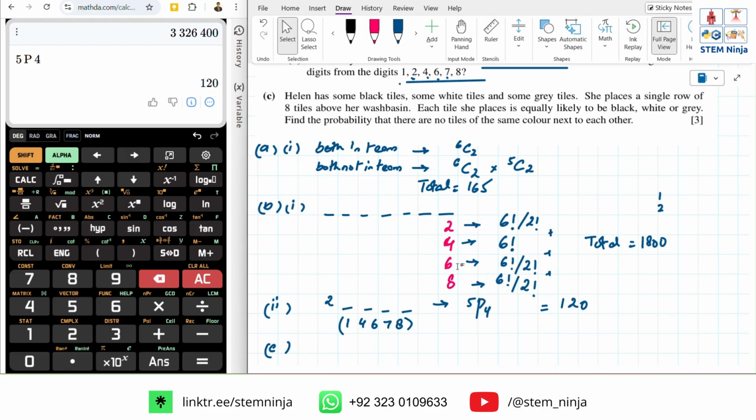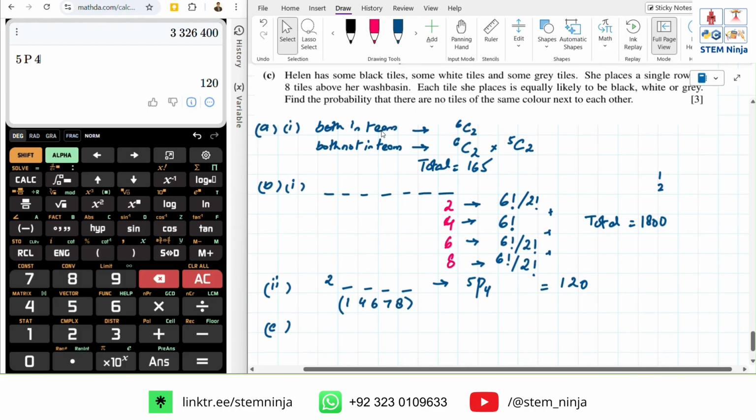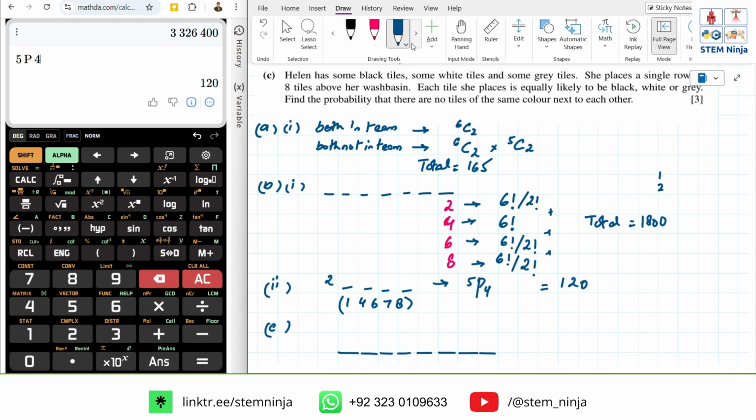So we can do it by seeing the different possibilities. You have 8 tiles, 1, 2, 3, 4, 5, 6, 7, 8. For the first tile, there are 3 choices, and since we don't want the same colors together, there will be two choices for the second one. For example, if you choose black over here, you can either choose white or gray.